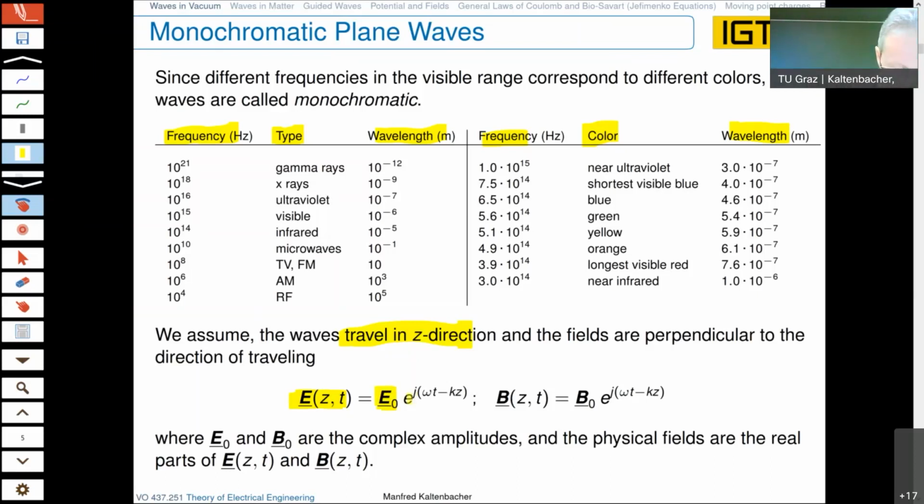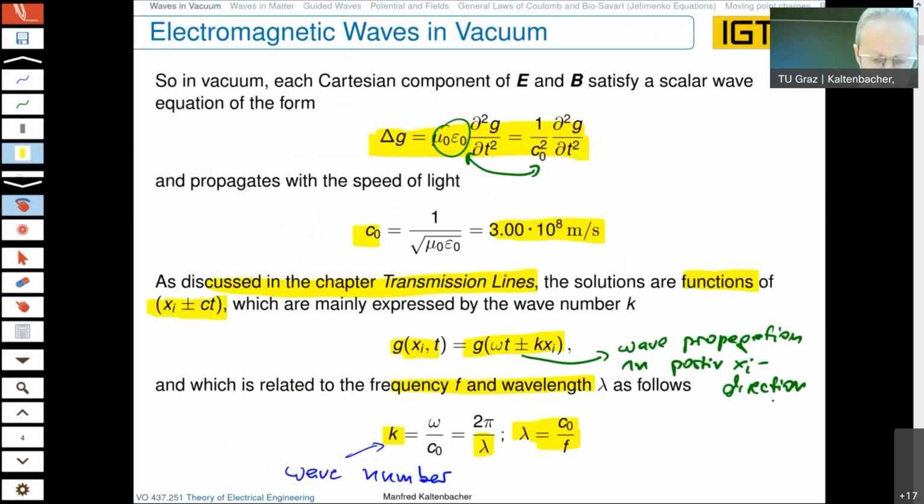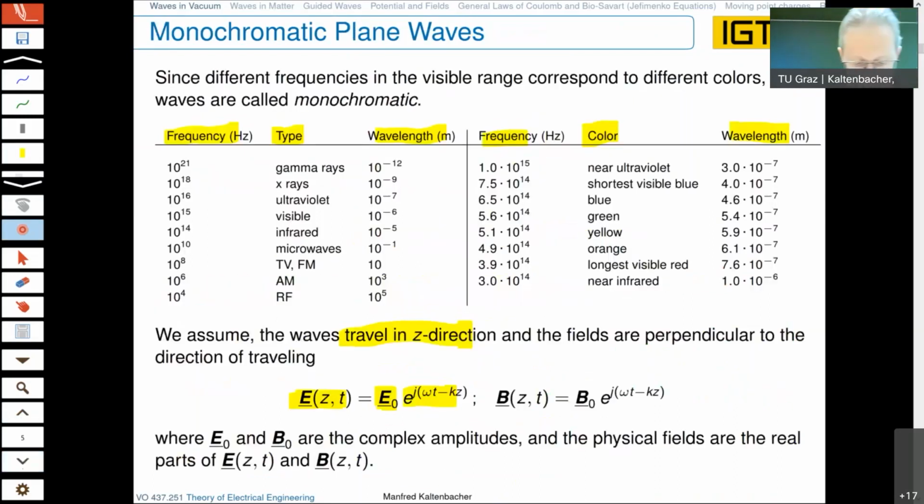And we take this exponential function, as we also have done in the case of the transmission line, and you are used to this, where we have omega t minus kz. That is the same argument. Since it is propagating in z direction, we have omega t minus kz, and minus because it's propagating in positive z direction.